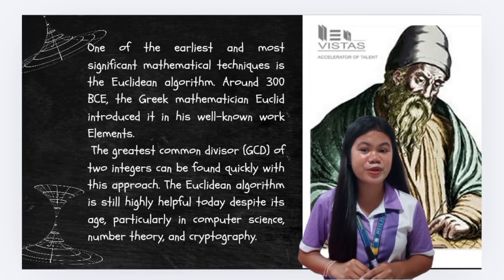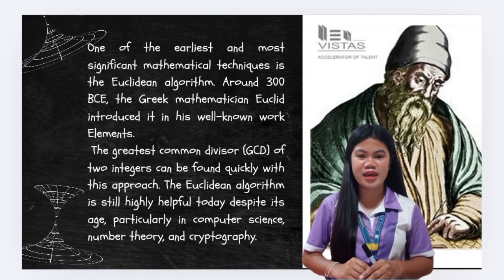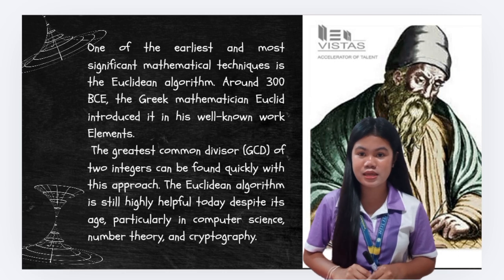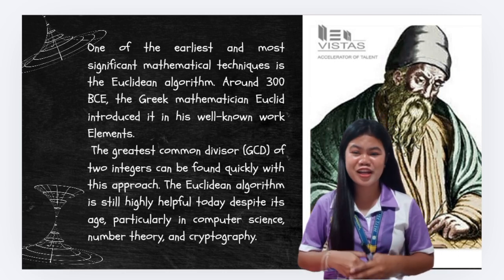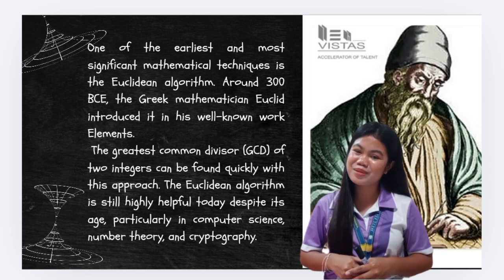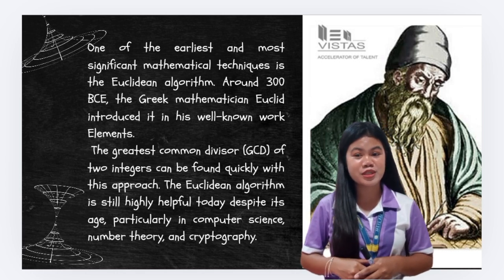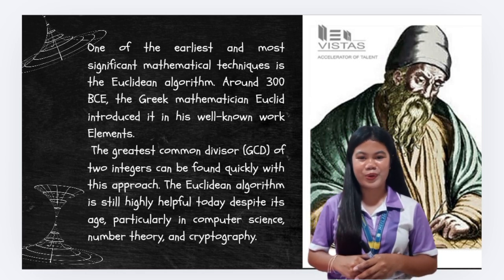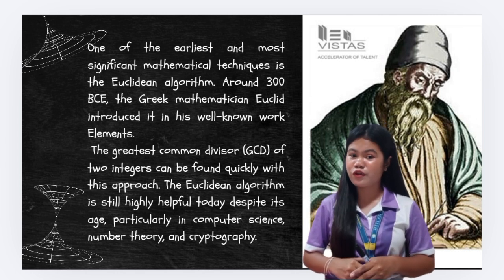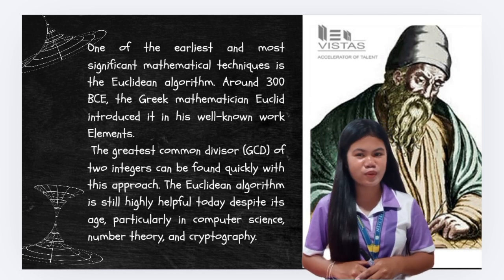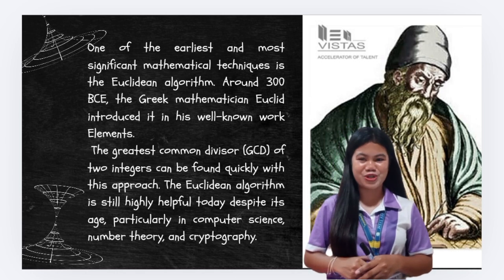One of the earliest and most significant mathematical techniques is the Euclidean algorithm. Around 300 BCE, the Greek mathematician Euclid introduced it in his well-known work Elements. The greatest common divisor of two integers can be found quickly with this approach.